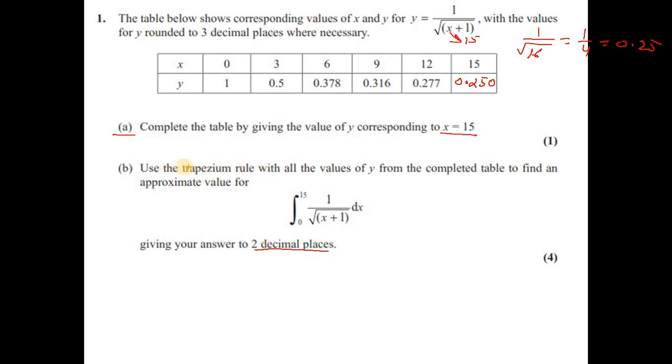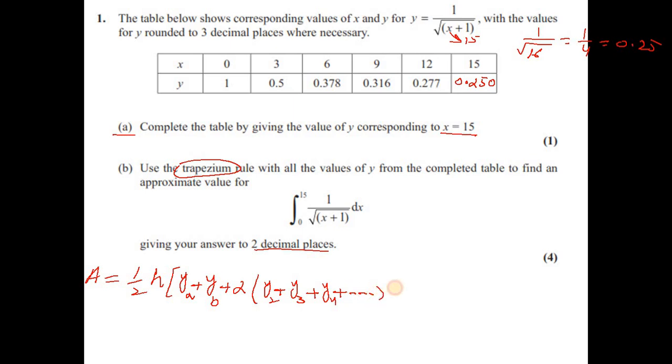So the idea of the trapezium rule is you will have to use the formula of area A is half of h, and bracket, then ya plus yb plus twice of y2 plus y3 plus y4 plus and so on, close the bracket.